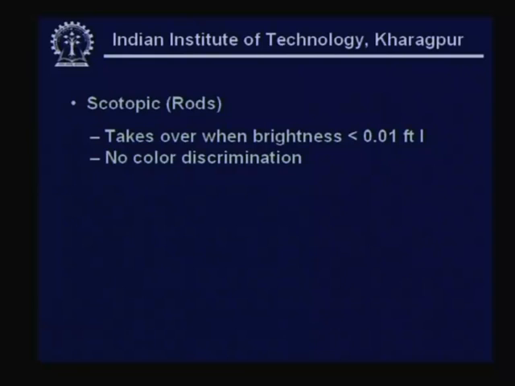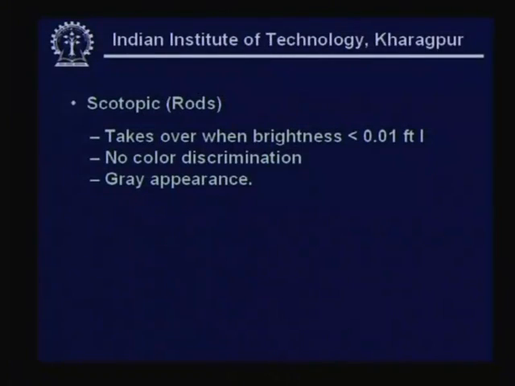However, since rods work with very low intensity brightness or illumination, they have little color discrimination, and most of the time rod vision is somewhat gray in appearance, and oftentimes we see the images as silhouettes.